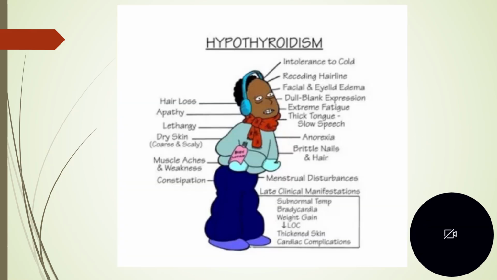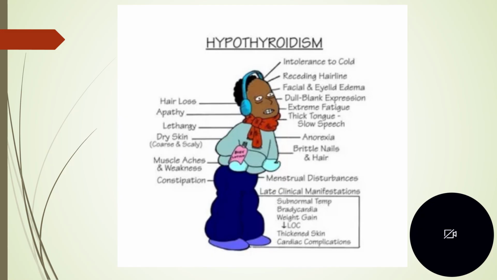Okay, so for hypothyroidism, like I said, this is related to your metabolism. So you can see here that everything in hypothyroid, your metabolism is going to be slow. Okay, so everything is going to be slower. One of the things to consider is if this is in childhood, that it can inhibit their growth.